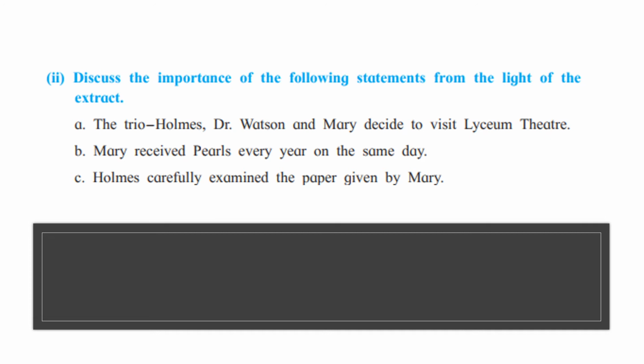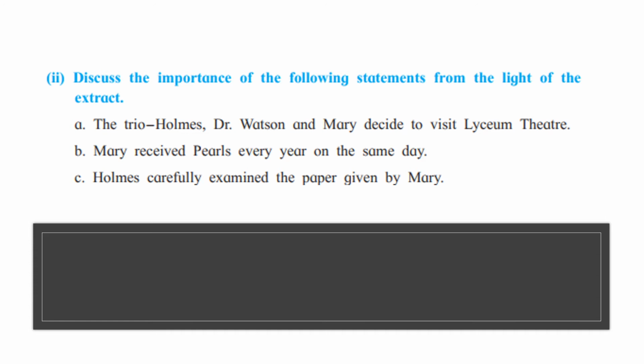In plot, we need to discuss the importance of the following statements in the light of the extract. The trio Holmes, Dr. Watson and Mary decided to visit the Lyceum Theatre because Mary tells Holmes that she had received a letter instructing her to go to the Lyceum Theatre with two of her friends. The letter gives her a hint that some injustice has been done to her.